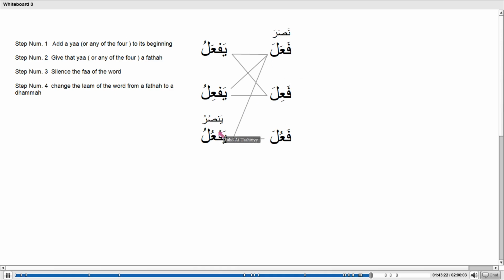Meaning, what does that mean? Meaning, can we say that the mudari' of nasara is yansiru? No, we can't. Can we say that the mudari' of nasara is yansaru? No, we can't. Because nasara only comes with this combination. Okay?